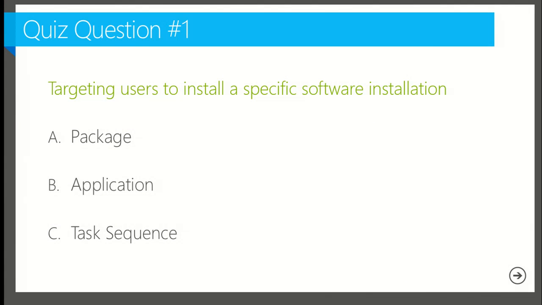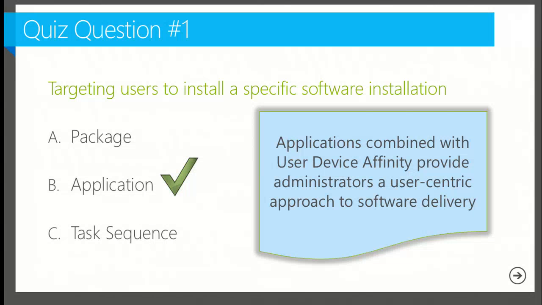All right, so targeting users to install a specific software installation. Would you guys use a package, an application, or a task sequence? Who says package? How about an application? And a task sequence? I got one man in the back. Answer is application. So yes, sorry, not to pick on you or anything.